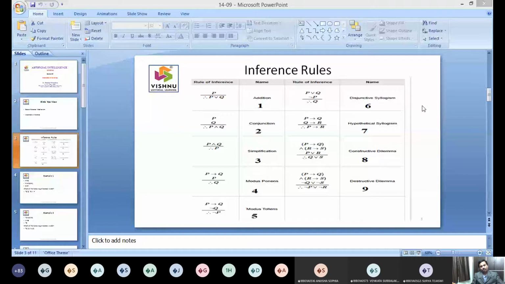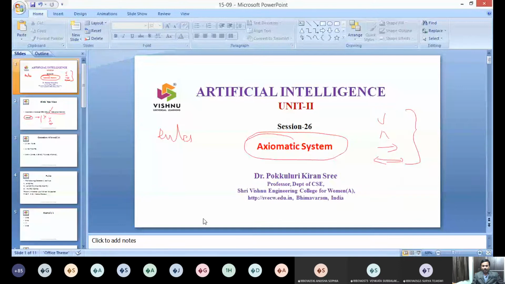But in this class, we are trying to have a different version of the axiomatic system where we will allow only one binary symbol, that is, implication. Other symbols are not allowed. NOT is allowed because NOT is generally applied as a unary operator.